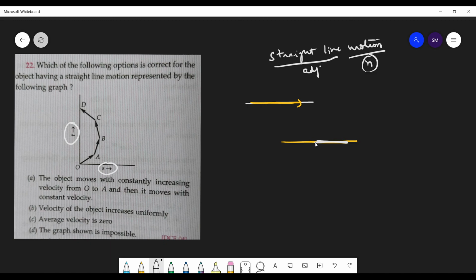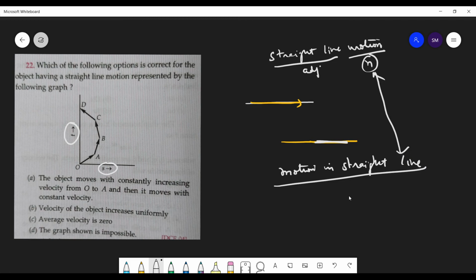Will it be straight line? What's the title of our chapter? Motion in a straight line. Yes, that's the title of the chapter. So is there any difference between straight line motion and motion in a straight line? That's the same thing. So same thing means you can move forward, you can move backward. Yes, sir.